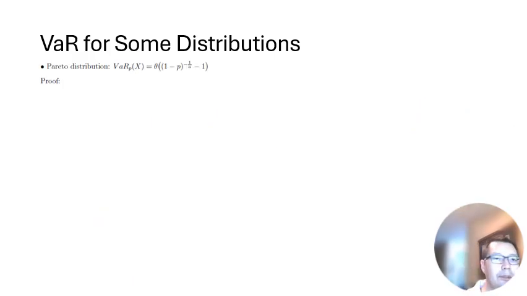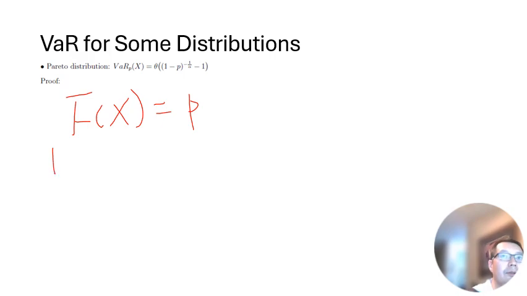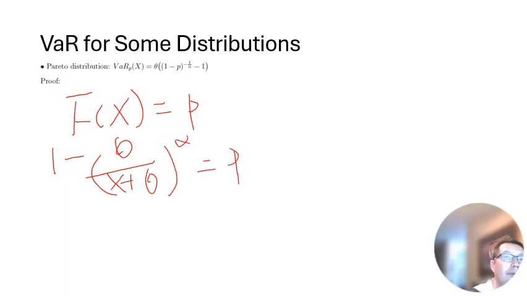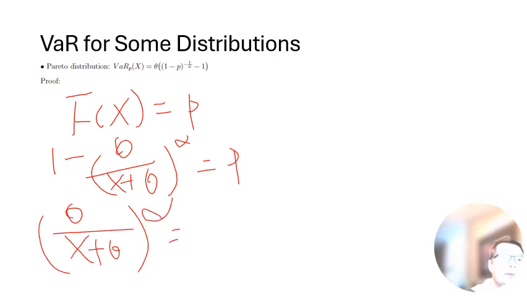Now look at the value at risk for the Pareto distribution. Similarly, we have F_X equal to p, and F_X we know from the table is 1 minus theta over x plus theta, to the power alpha. So theta over x plus theta, to the power alpha, would be 1 minus p.